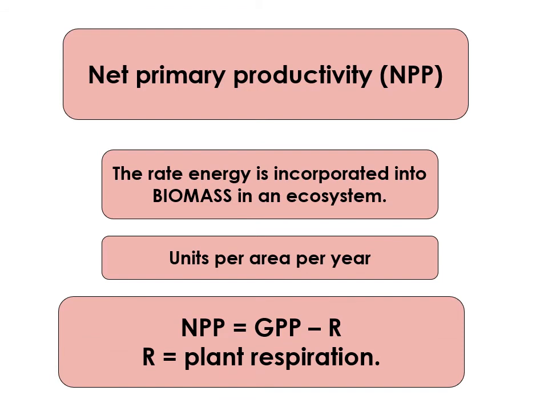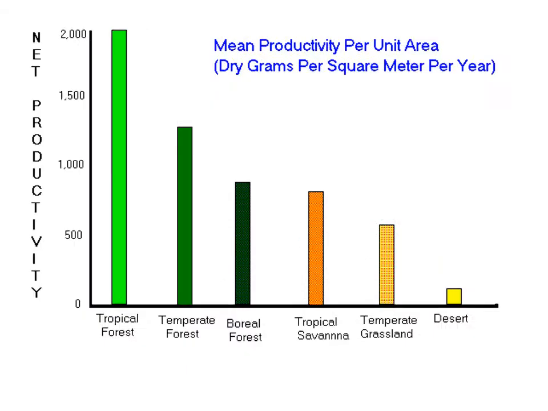To calculate it, it's really important that you've got that formula in your minds: gross primary production minus respiration equals net primary production. As I showed you earlier, we might be given data on productivity. So now we know what these productivities mean.